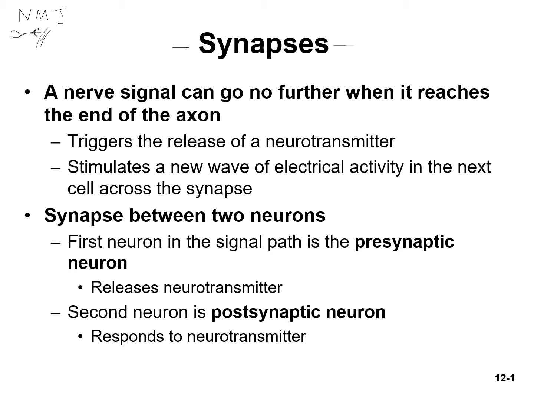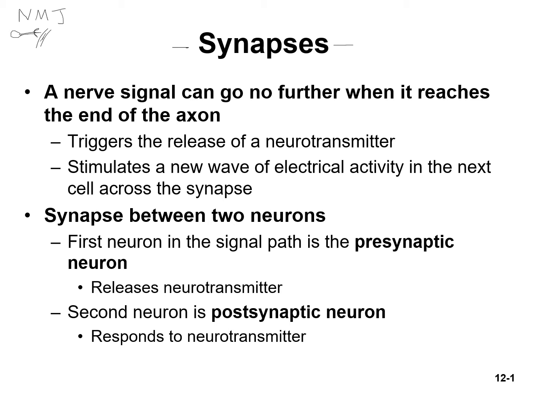So once you have the action potential propagated down the entire length of that axon to the axon terminal, your nerve signal can't go any further than that. So that's when you have your release of a neurotransmitter. So the action potential reaching those synaptic knobs at the very end of the axon is ultimately what triggers the release of a neurotransmitter. And a neurotransmitter, remember, is just a chemical message.